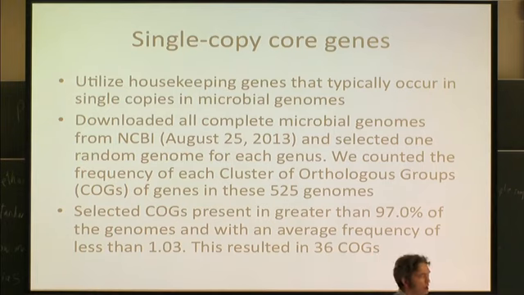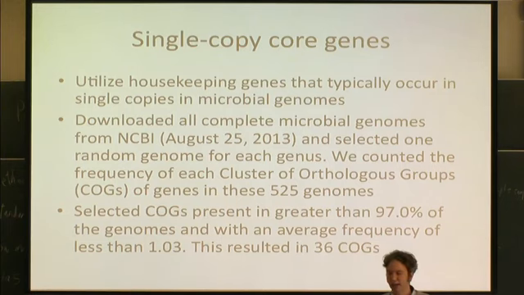Okay. Now, in real data sets, we won't know the assignments of contigs to species. So we developed another method for determining how good these different clusters are looking. And this was based on single copy core genes. So we downloaded a load of microbial genomes from the NCBI. We assigned them to COGs.